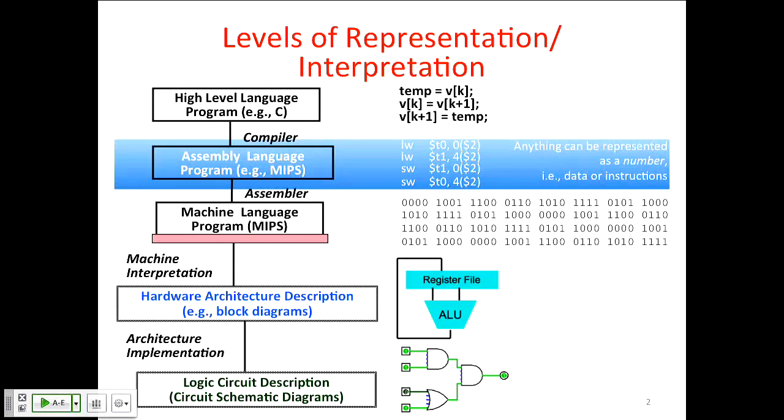Machine code is just strings of ones and zeros that live in the computer memory and represent the program you're trying to run. So machine code is the lowest level of software. It's the software that the hardware actually executes, and you'll build a machine later that does that. Assembly code is a slightly easier to read form of that same machine code, so you don't have to type in lots of ones and zeros.